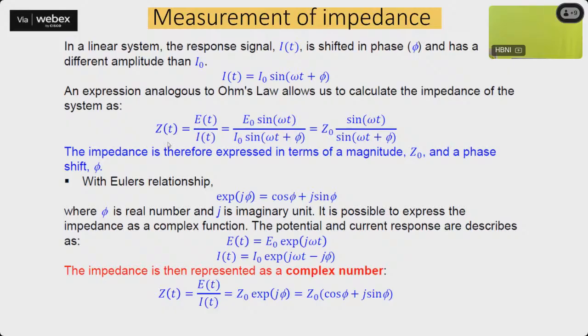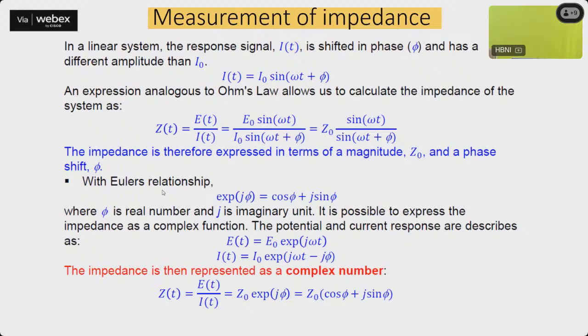Impedance is given as Z. So Z(t) is E(t) by I(t), which is E0 sine omega t by I0 sine (omega t plus phi). Ultimately, E0 by I0 you can give as Z0, times sine omega t by sine (omega t plus phi). So the impedance is expressed in terms of a magnitude Z0 and a phase shift phi. This is an important concept.